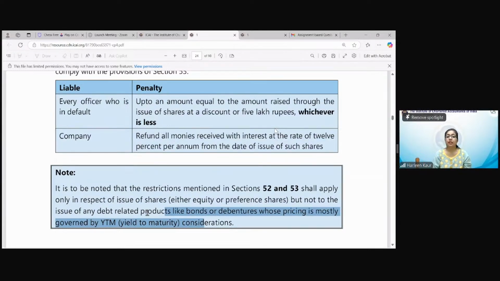Clear, children? So if there was a company ABCD Limited and it has issued shares at a discount, and it was not sweat equity shares, neither was it a debt restructuring scheme, do you think the company will have to bear the penalty? Yes, ma'am. What will be the penalty for the company?